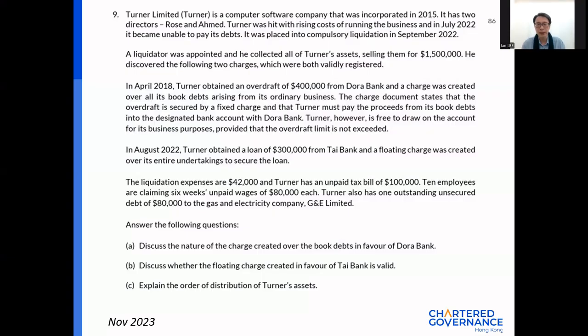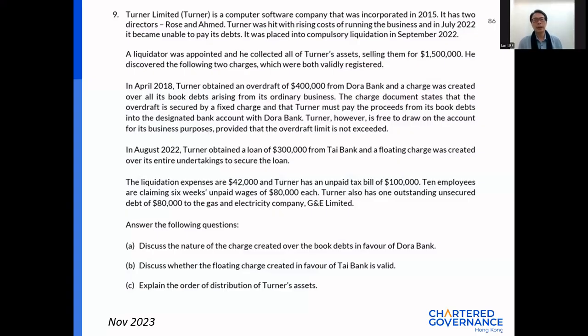Then we have the liquidation expense of 42,000, unpaid tax of 100,000, 10 employees claiming 6 weeks unpaid wage of 80,000 each, and Turner also has 1 outstanding unsecured debt of 80,000. So you can see there is enough information about the liquidation, about the charge, what happened before. You know the assets, you also know the liabilities, the amount that needs to be paid.